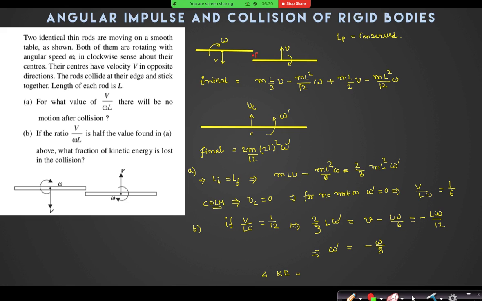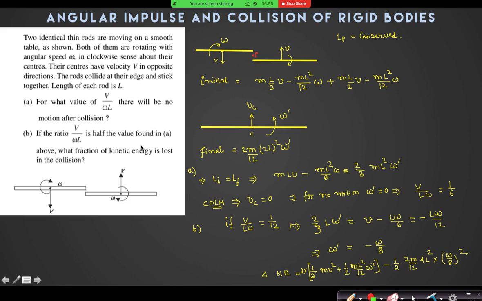The change in kinetic energy will be: initially it is half m into 2 into half mv square plus half ml square by 12, half Ic omega square, and finally it is only half Ic, which is 2m by 12 into 4l square, into omega prime square, omega by 8 whole square.